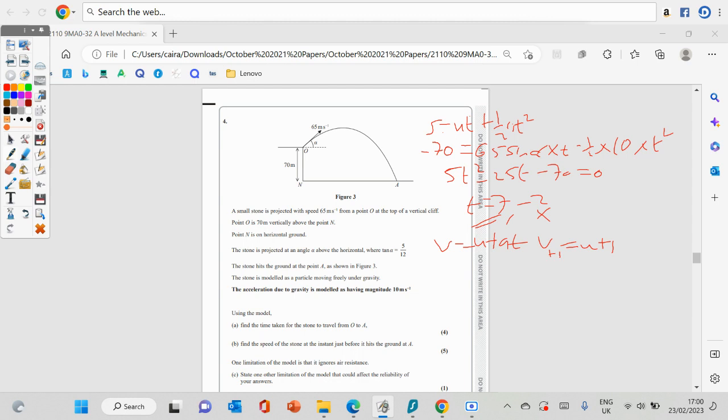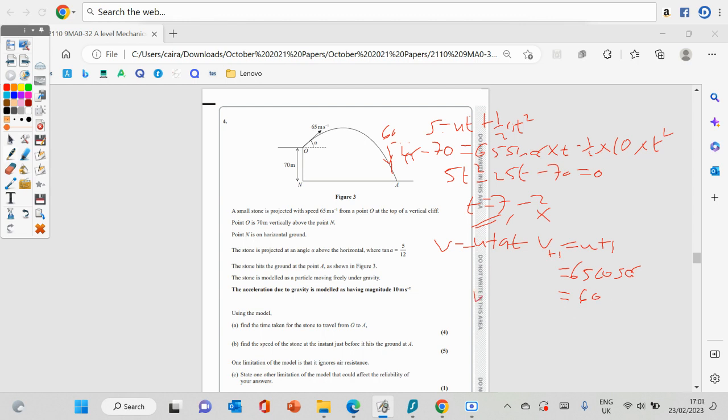The reason why I like drawing it like this is if you've got your diagram coming in here, doing this diagram should be fairly straightforward, because horizontally the u would be 65 cosine alpha. That's straightforward. And cos alpha would be 12/13, so that's just going to give me 60.